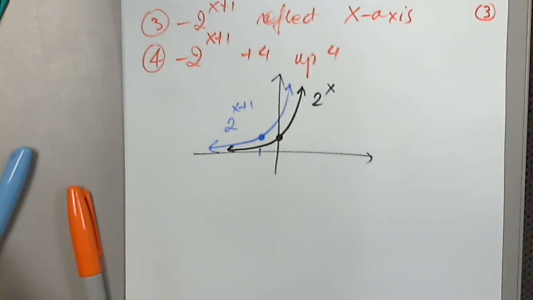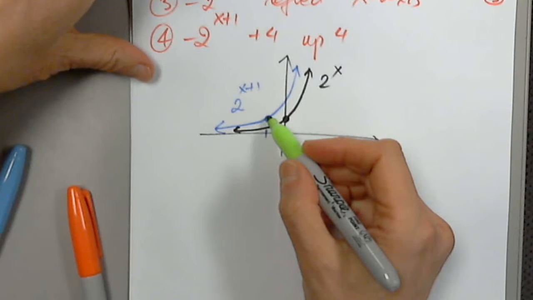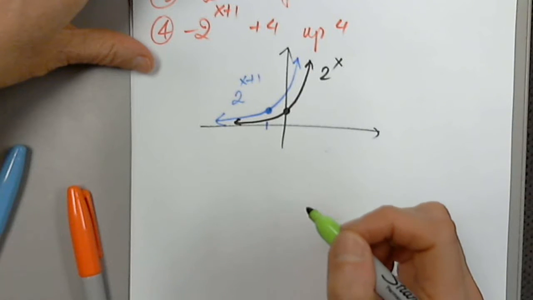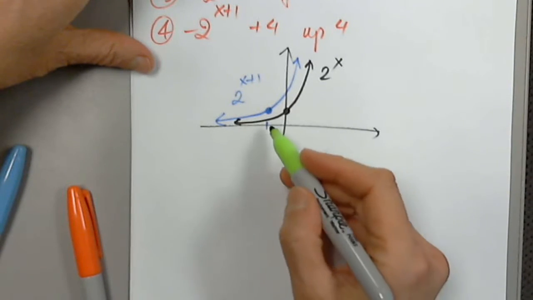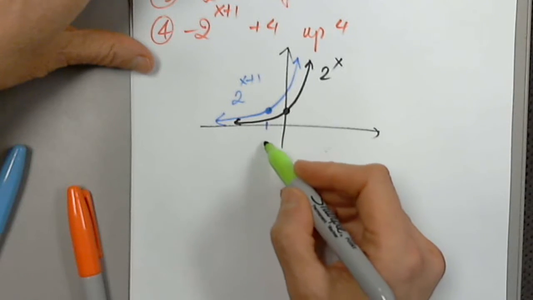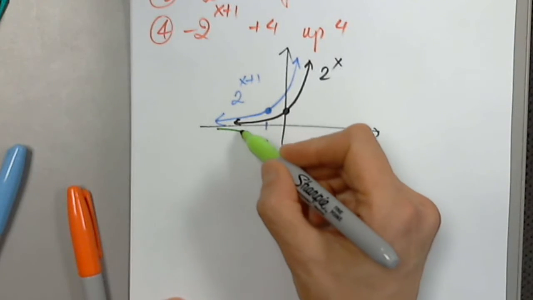Then you already told me what to do next. What will I do next? One more time. Reflect. So where will my marker go? Down. Exactly to which point? Negative 1, negative 1. Very good.